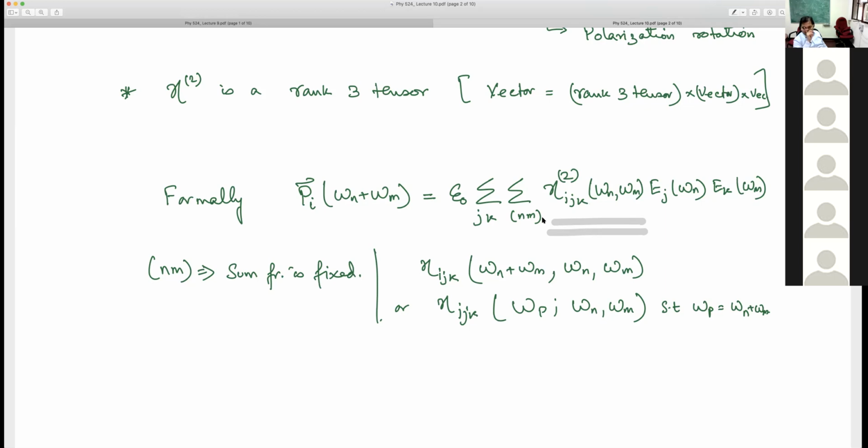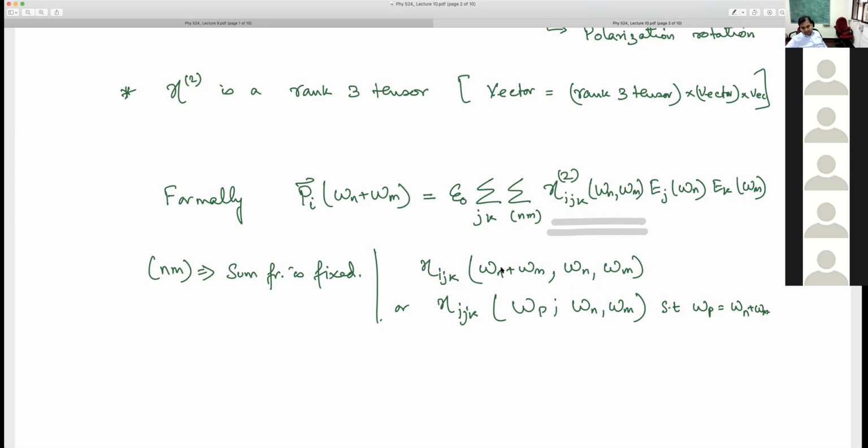And there are two more notations for writing this second order susceptibility. So the same thing that I have written here, underlined with these gray lines, is generally written in this particular form. So chi ijk, I will have omega m, one frequency of light incident, another frequency of light incident, and the third term is omega n plus omega m. Okay, comma.